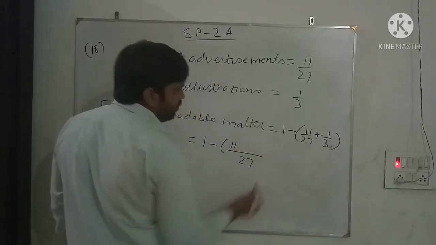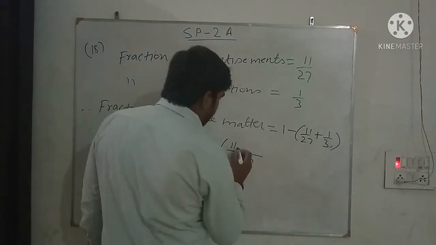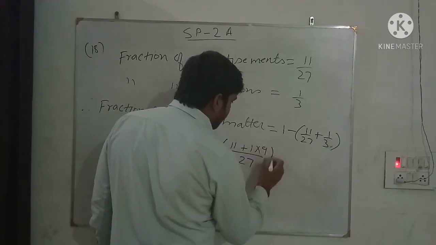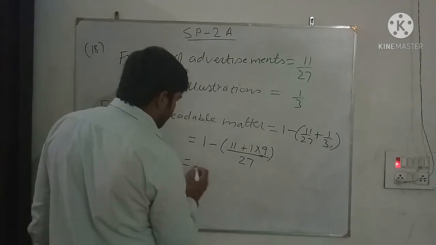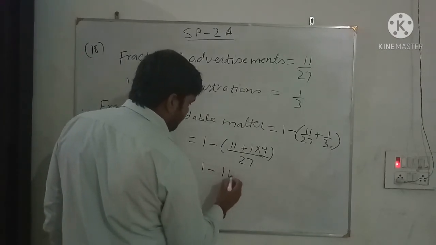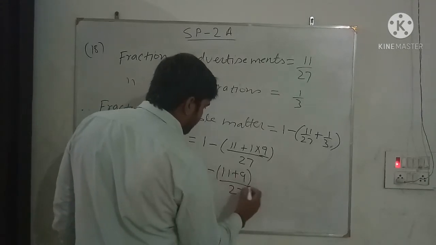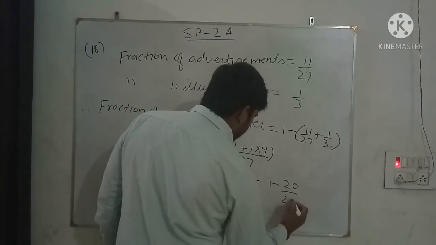In 27, what we multiply to get 27? 1 only. Plus 3 9s are 27. That is 1 into 9. So what we will get the answer? 1 minus 11 plus 9 by 27. That is 1 minus 11 plus 9, that is 20 by 27.